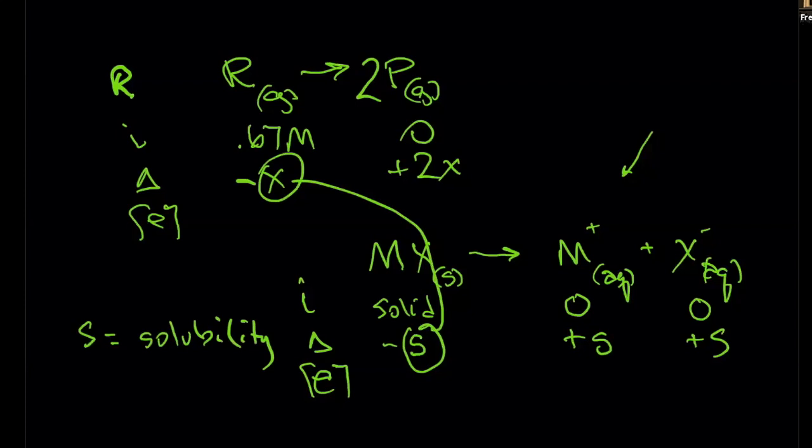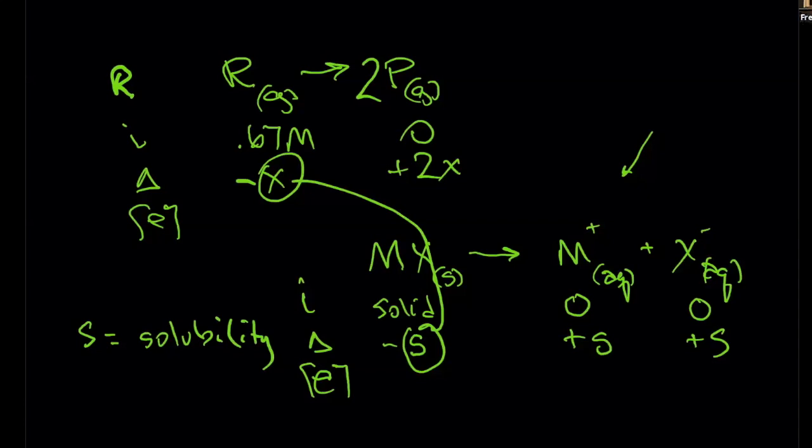So when I say the reaction, well, the chemical starts to dissolve and I do an ICE table, instead of using X, I'll use S in general. You could still use X, but know that when a substance is going into solution, it's called the solubility, okay?